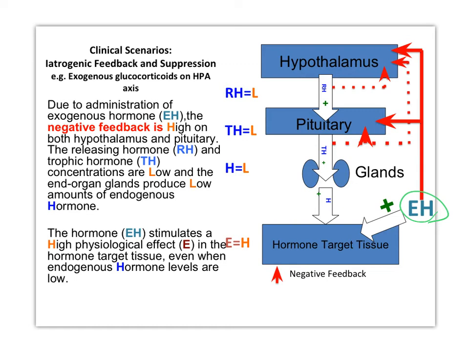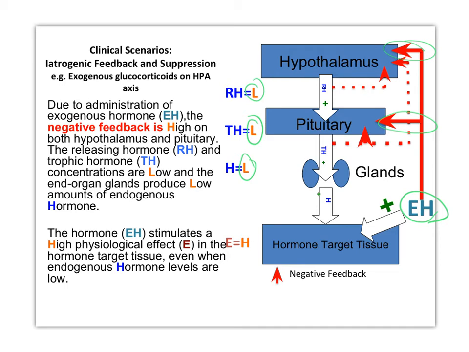There's inhibition, very strong negative feedback at both the pituitary and the hypothalamic levels, and as a result, we get a lowering of the releasing hormone, which we usually don't measure. We can oftentimes see a lowering of the trophic hormone, and of course a lowering of the endogenous hormone.